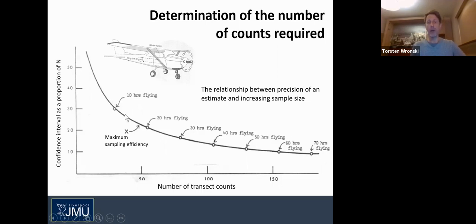So at the moment where the curve starts leveling down, we have the ideal point, here around 20, where we could stop adding further transects or further flight hours. So in this case, at around 20 hours of flying, I would stop my survey and I will get a robust estimate of the animals in the study area.